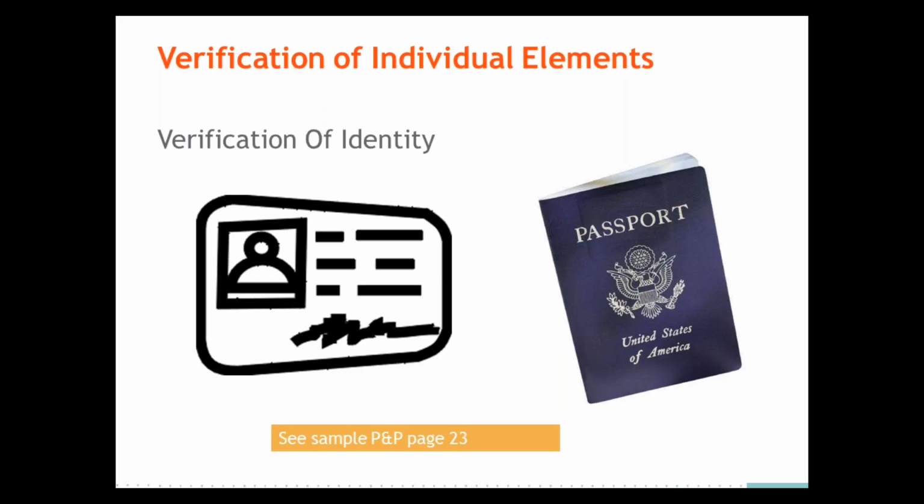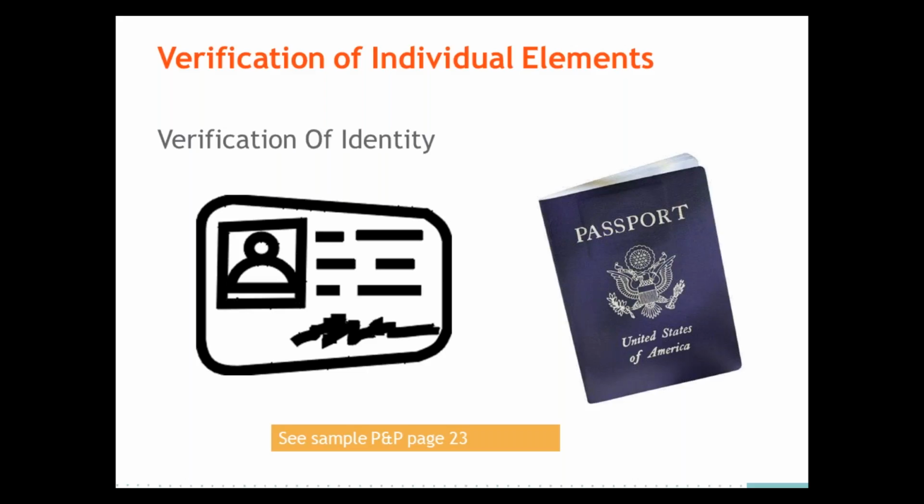If you're a Joint Commission accredited facility, there is actually a requirement for verification of identity, and that somebody is actually viewing an ID to verify that identity prior to the time that they are providing any patient care within your facility. So there's, again, a sample policy and procedure included in your documents that is just a way of meeting that requirement as far as verification of identity.